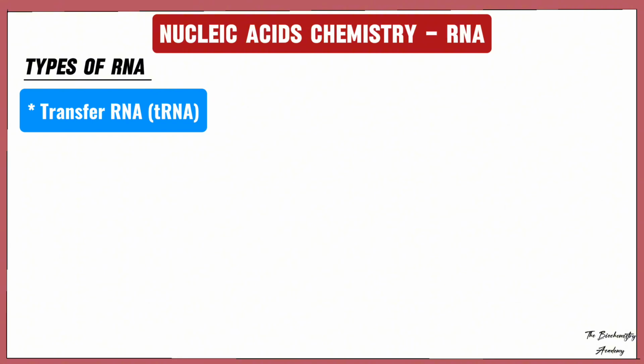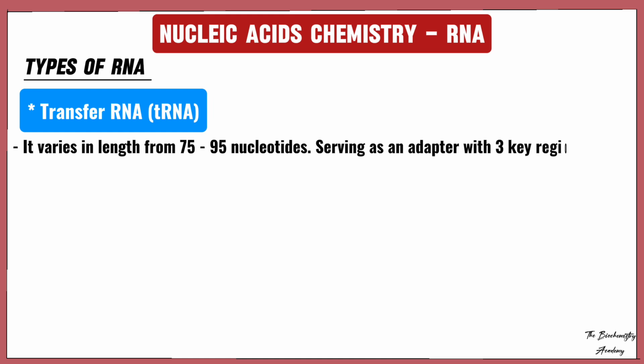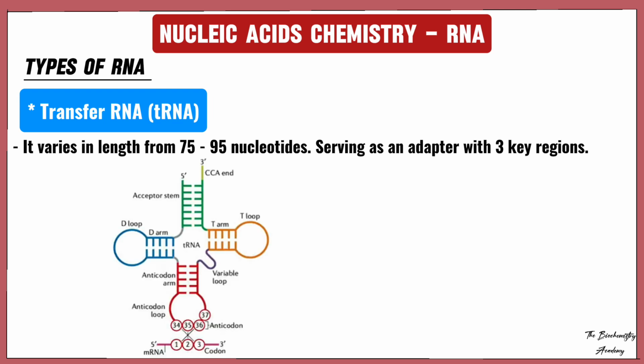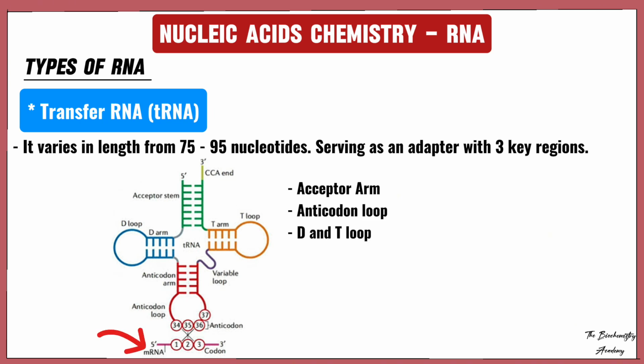Now, the tRNA molecule varies in length from 75 to 95 nucleotides, serving as an adapter with three key regions: the acceptor arm, where the amino acid attaches; the anticodon loop, which contains a sequence that pairs with the mRNA codon; and the D and T loop, which is involved in proper folding and function.